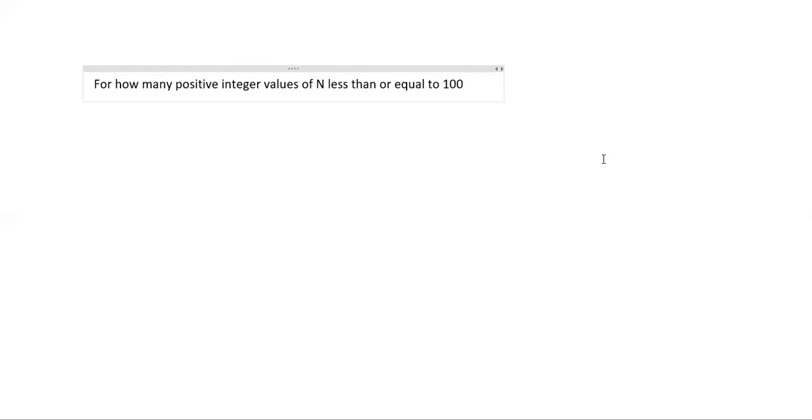So for how many positive integer values of n can we express n as a square minus b square in at least one way, where a and b are also positive integers?